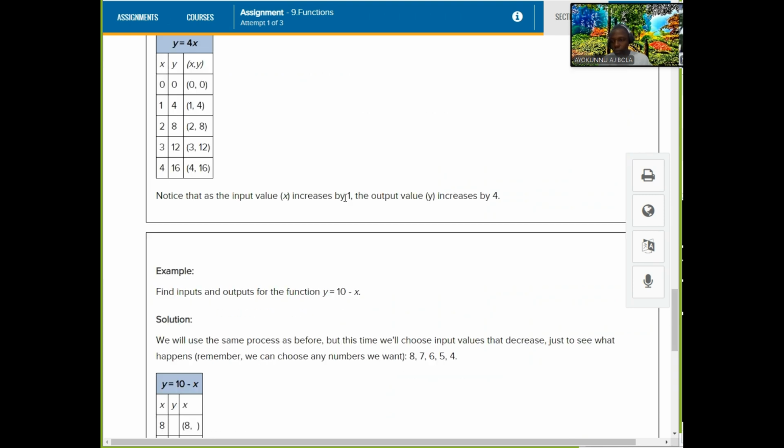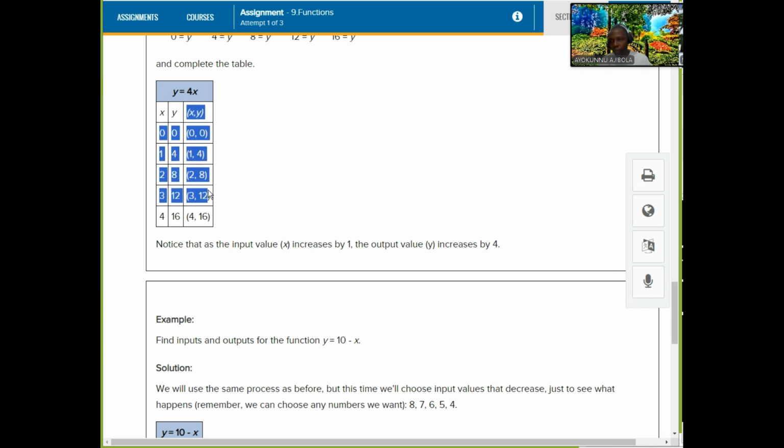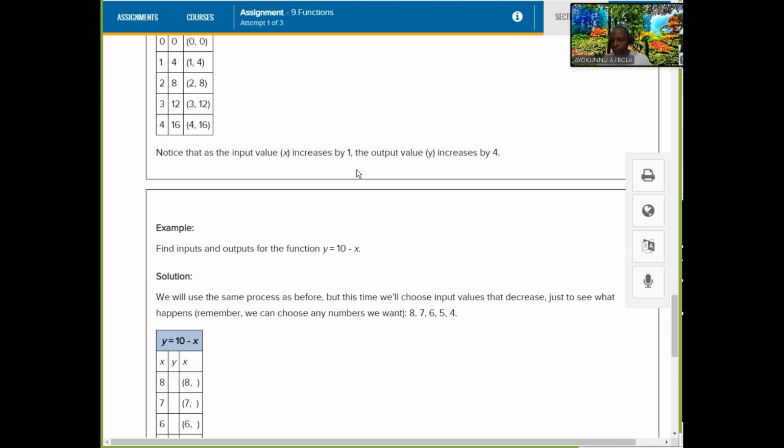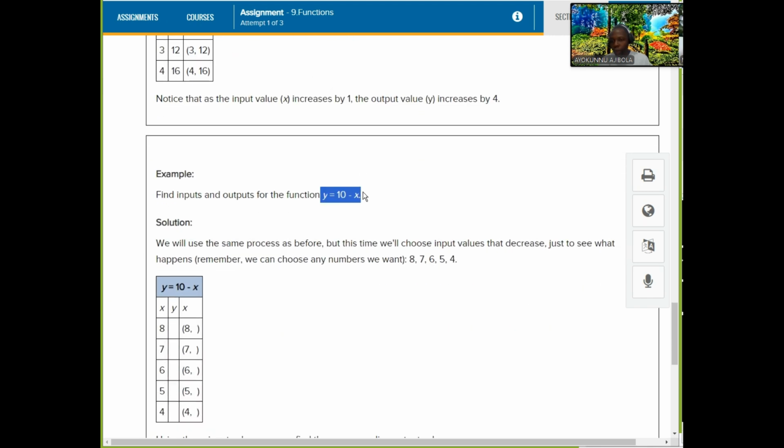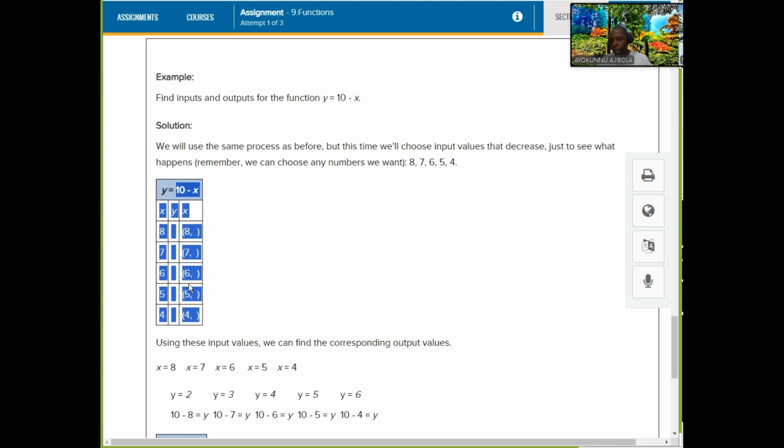Yes. And you can see all of the values here. Then look at this one, y equal 10 minus x. So whatever x is, take it away from 10. Then you get y. So 10 minus 8 gives me 2. Y is 2. 10 minus 7 gives me 3.